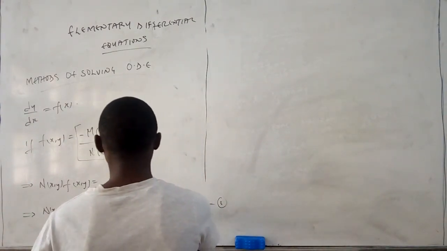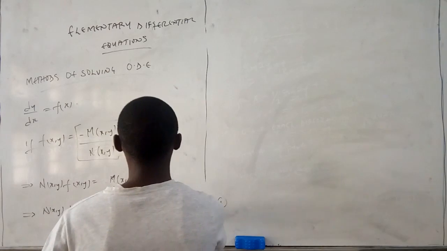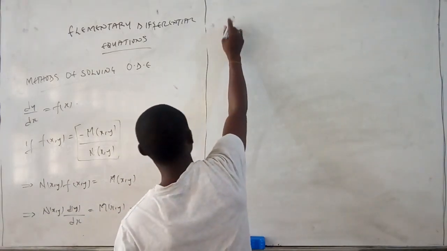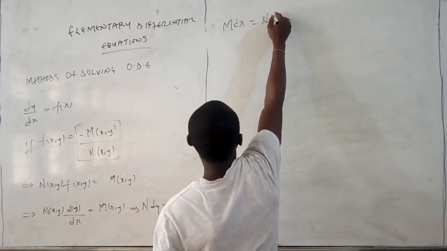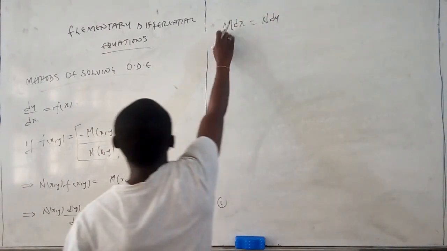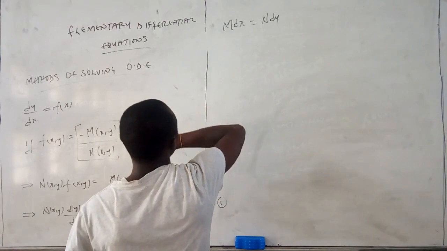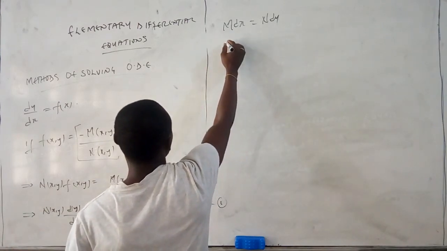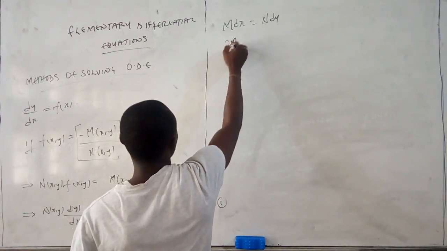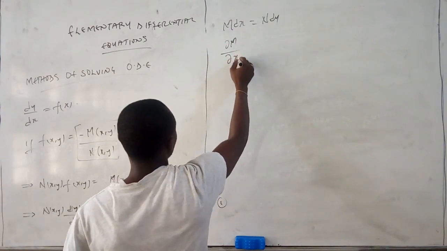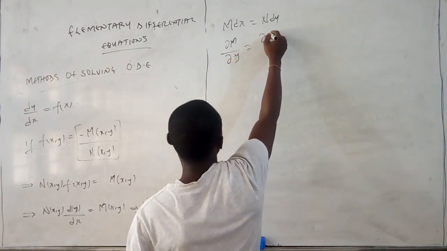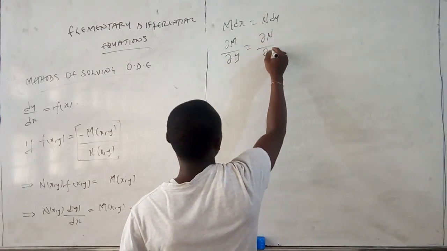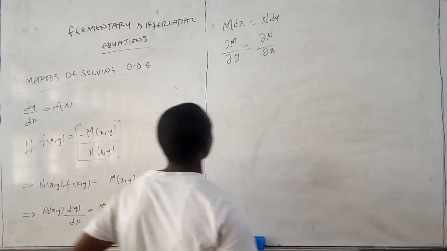So from here, you can differentiate this. Differentiating M with respect to y, partial derivative of M all over partial derivative of y is equal to partial derivative of N all over partial derivative of x.